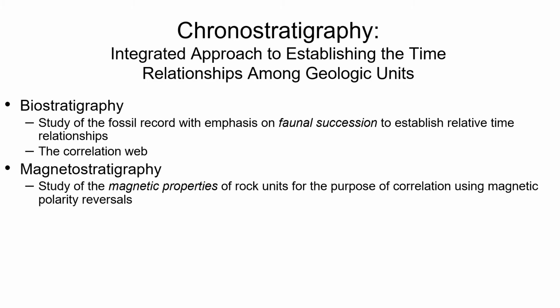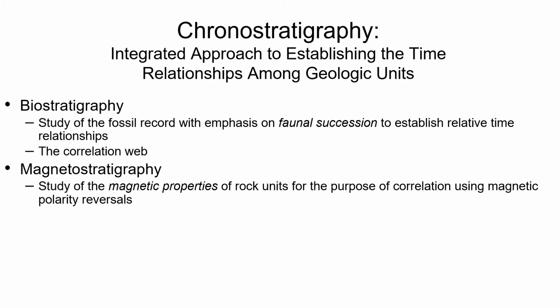Magnetostratigraphy also offers a very detailed approach to understanding chronostratigraphic units and relationships. In this case, we're looking at the magnetic properties of rock. Now, most of the time this is done with igneous rocks. However, if you have sedimentary rocks that are enriched in iron, those grains can orient themselves prior to lithification and diagenesis to reflect the Earth's polarity at the time.